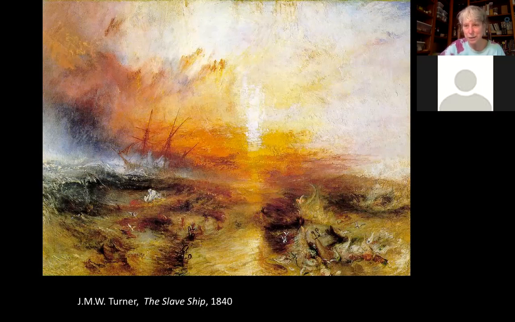Like, hey, I spent $10,000 on those people and they died, so reimburse me. You know, it's pretty unthinkable now, but it was normal in the 19th century. But for an abolitionist, a person trying to get rid of slavery, it was another outrage, another example of how inhumane slavery was, that it didn't consider these people to be people. So Turner is making a painting about this, really.